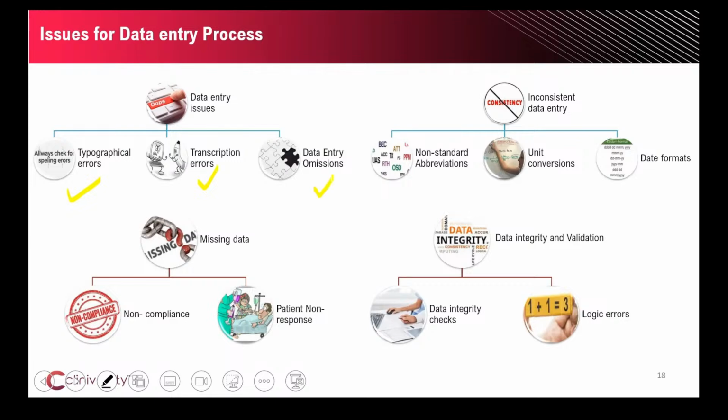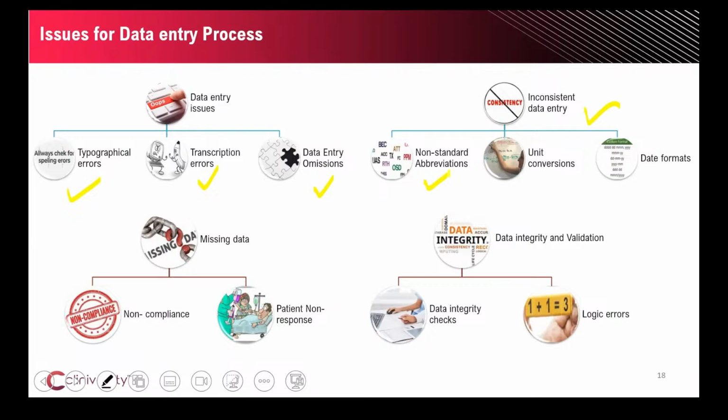Data entry omissions will be where some of the information has been inadvertently omitted while entering the data, which leads to incomplete data sets. Then the next one could be inconsistent data entry, wherein you use certain non-standard abbreviations, which may not be understood by anybody who is reading the data.